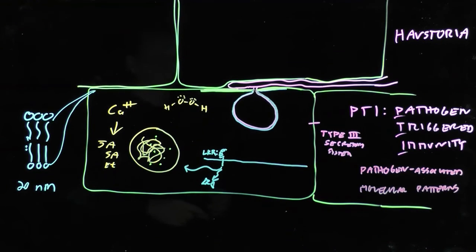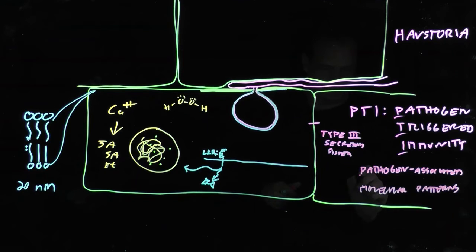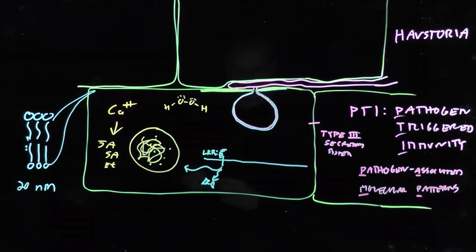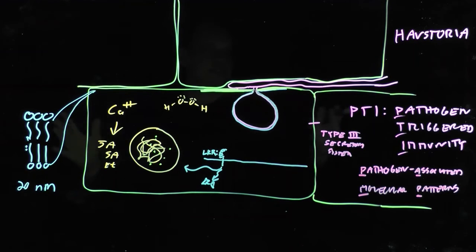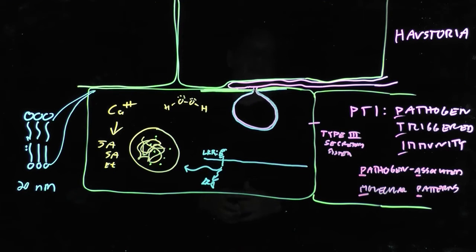I'm going to turn off the lights. So these PAMPs are molecules that the pathogen requires for its primary metabolism. For simply existing, it must make these molecules, and therefore it's not able to not make them in order to avoid setting off this alarm system.